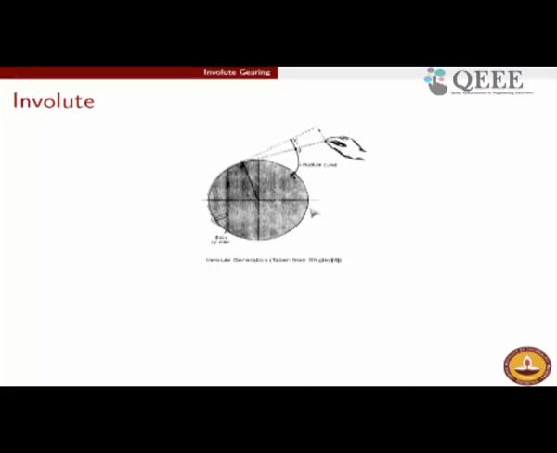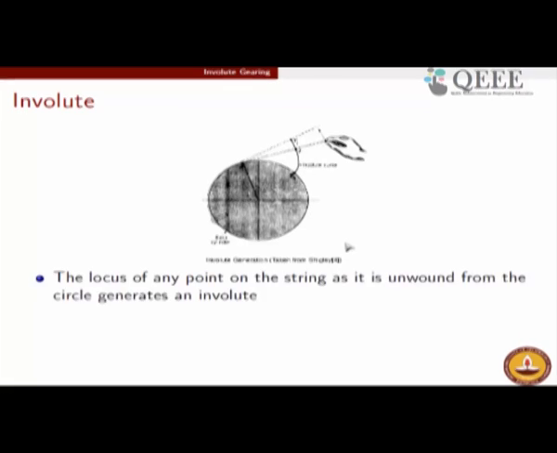Very specifically we should call this the involute of a circle, because the string is unwound from a circle. But when we say involute without any qualification, we simply mean that it is generated from a circle. So the technical definition of an involute is that the locus of any point on the string as it is unwound from the circle will generate an involute.